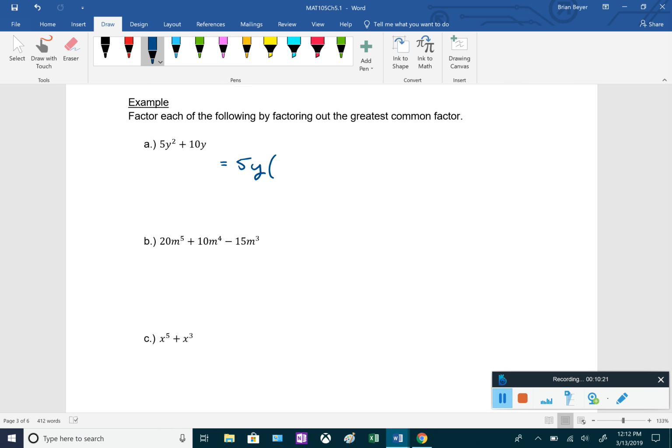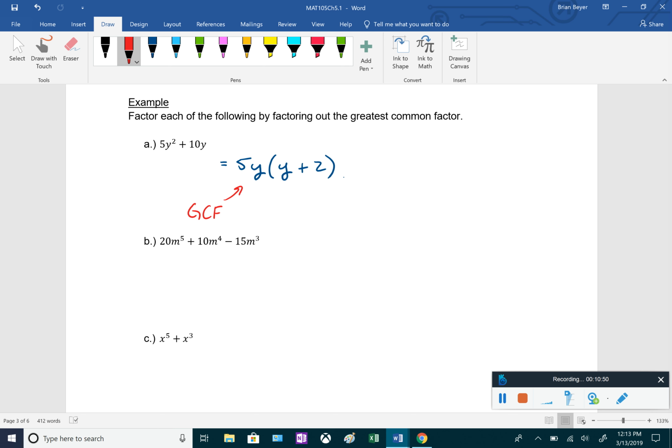That's our GCF, the 5y. We always have to remember that we're dividing this out front. So the distributive property is multiplying, so the reverse direction of it would be dividing. So 5y squared divided by 5y, that's going to leave a y for the first term, plus 10y divided by 5y, we're left with a 2.